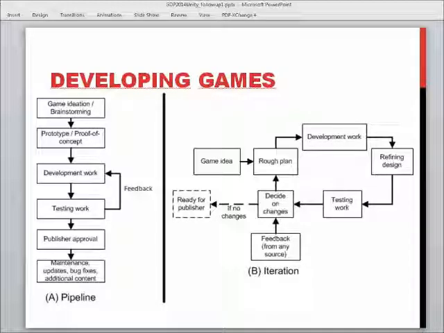When the testing work shows that the product in development has all the features and seems to be functioning correctly, then it goes to acceptance testing for the publisher here. And if the publisher says, okay, it's good, we like it, then it's launched and it goes into the maintenance, which means that there's updates, bug fixes, additional content, and so on and so on.